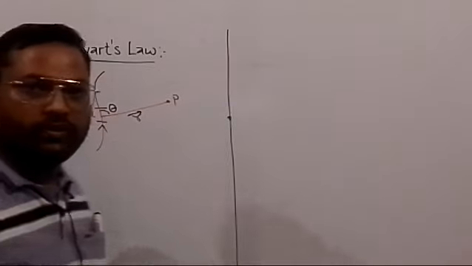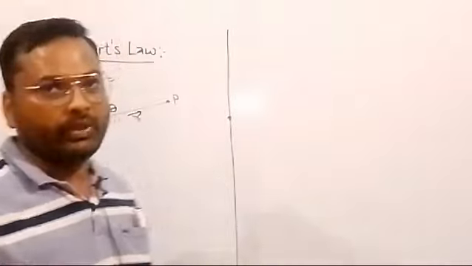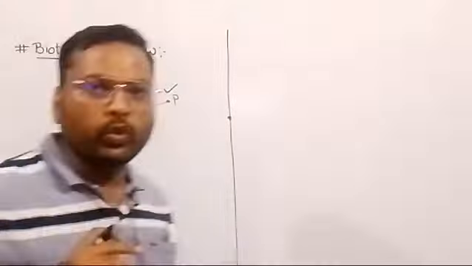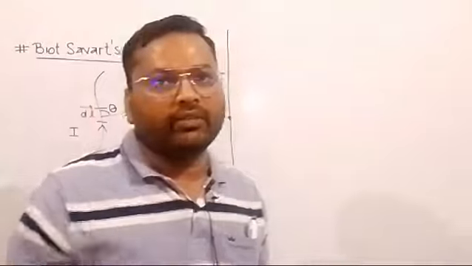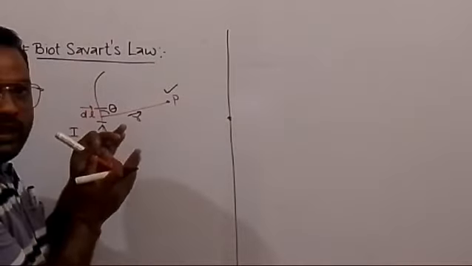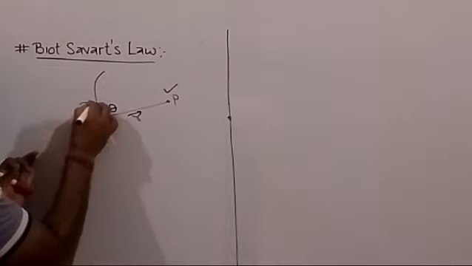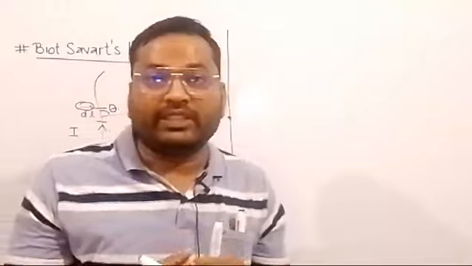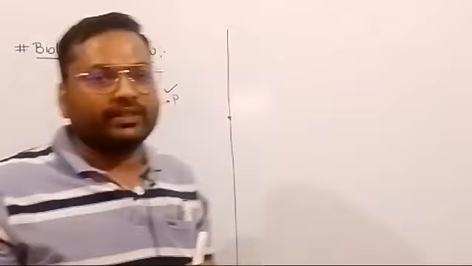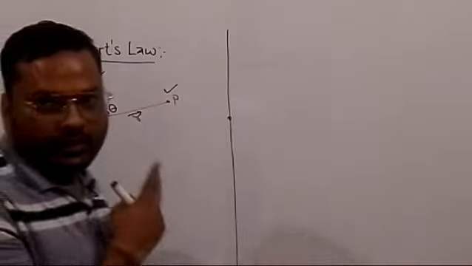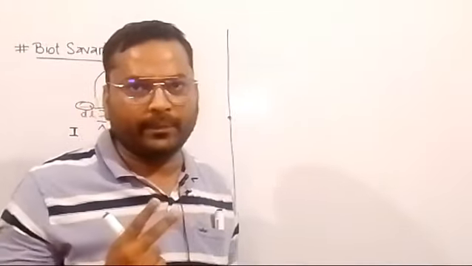The r vector is also the position vector because it represents the position of point P, where we want to calculate the magnetic field due to this small current carrying element. We also write the dl vector here, and its direction is the same as the direction of current. Clear guys?